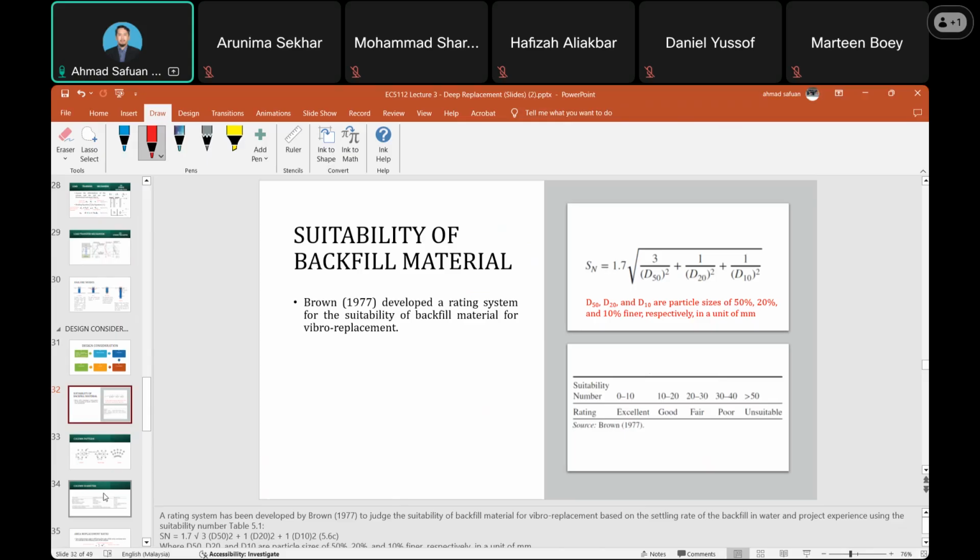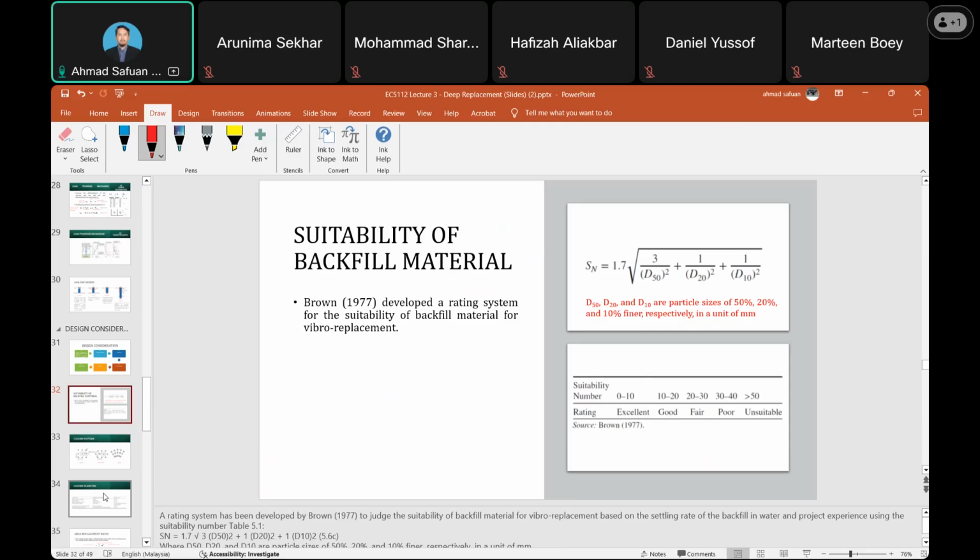For example, if we have a filling material, then we need to carry out the particle size distribution. From there, we need to know the particle size for each 50%, 20%, and 10% finer, then include them in the suitability number equation.